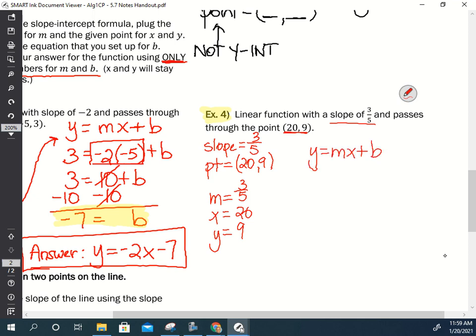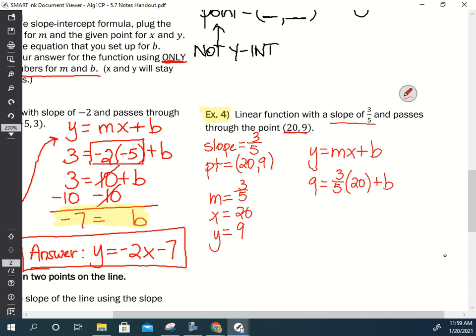So let's go ahead and get to work. Here's our formula. Let's plug our numbers in. So we've got 9, 3/5, 20, and b. Let's solve it.